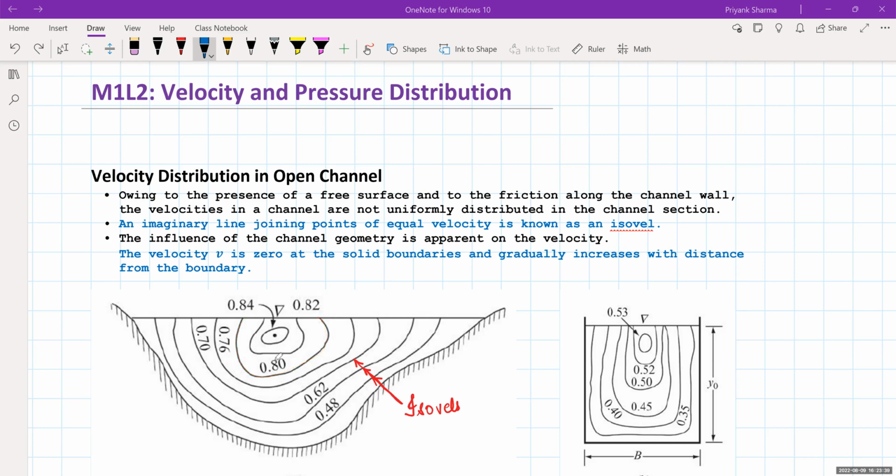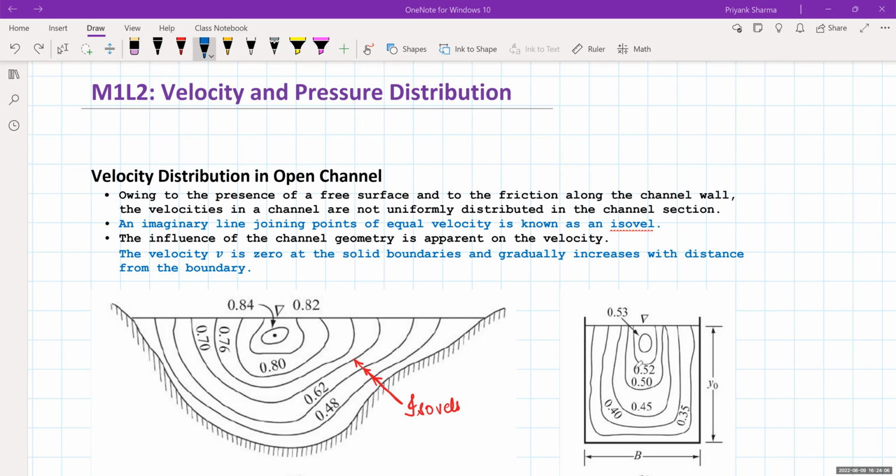There are values given, 0.8, 0.76, and so on. They are contours of equal velocity. If you measure the velocity at different points in an open channel and join those points, they form these contours, which are called isovels. An imaginary line which joins points of equal velocity is called an isovel.